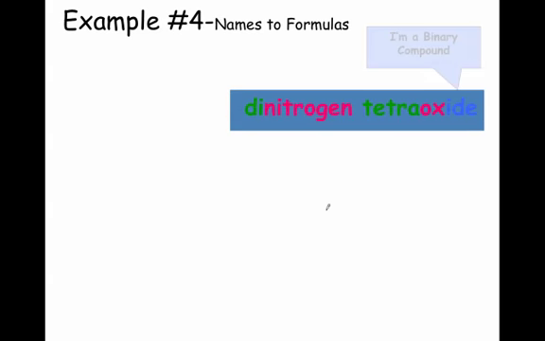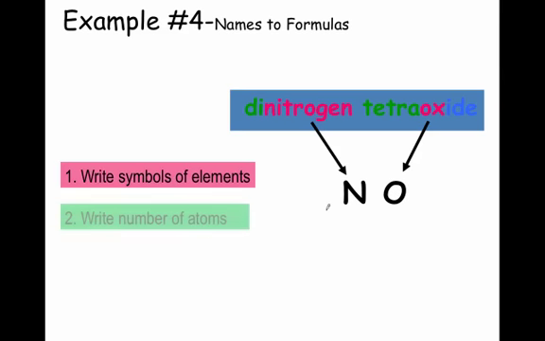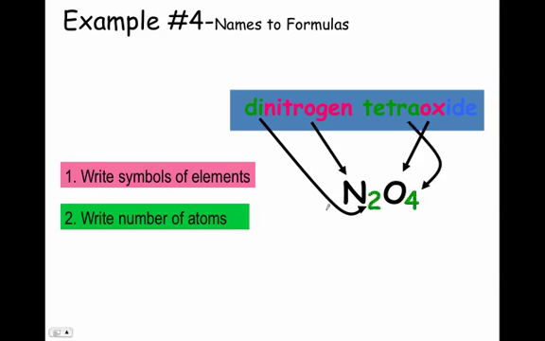One more, dinitrogen tetraoxide. We write the symbols, N, O, we write the number of atoms, 2 for di, 4 for tetra.